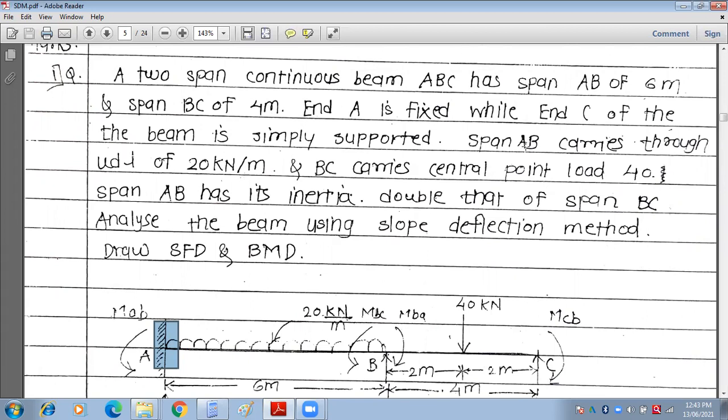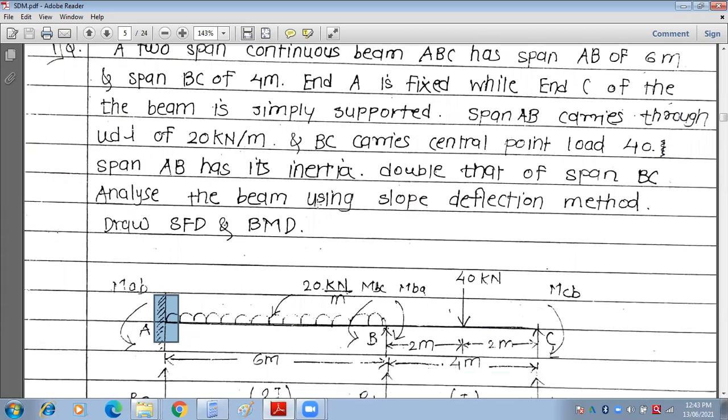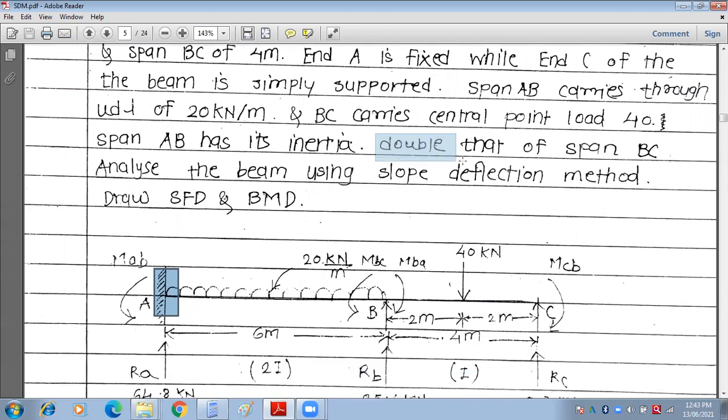Span AB carries throughout UDL of 20 kilonewton per meter, and BC carries central point load of 40 kilonewton. Span AB has a moment of inertia double that of the span BC. Analyze the beam using the slope deflection method.